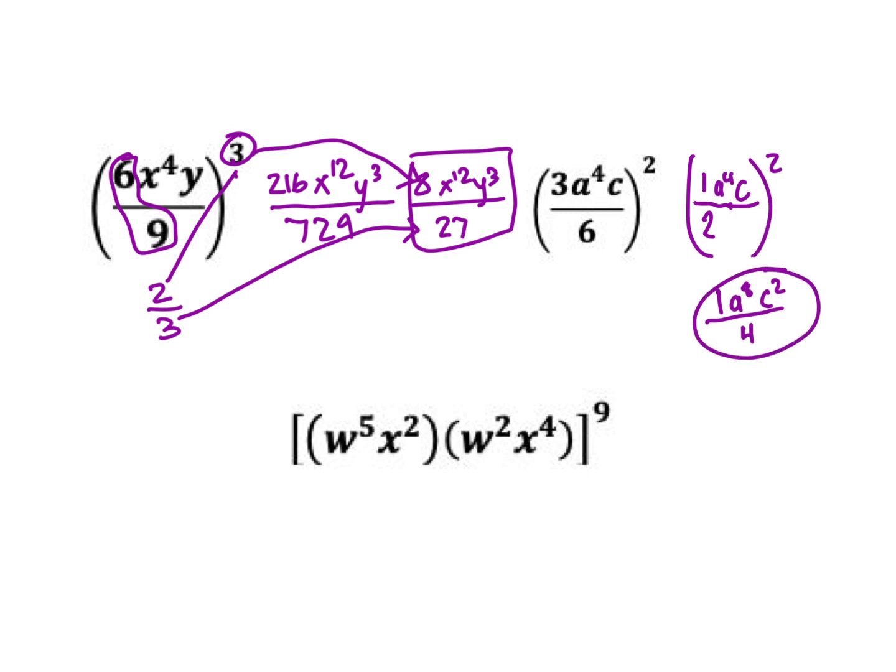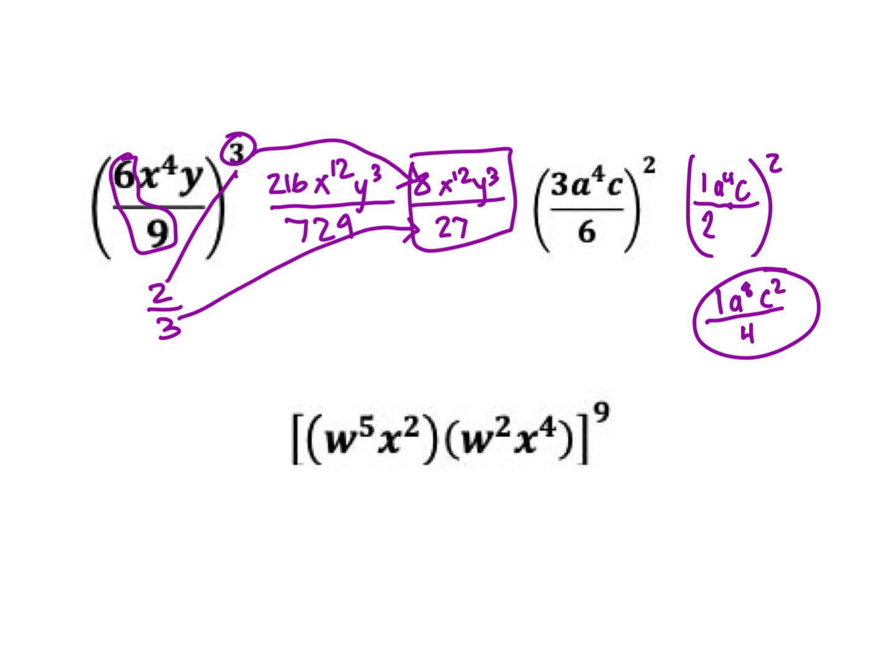Okay, and the last one, because I've got parentheses and I have brackets, these parentheses say do this first, and then this, and then the outer brackets. So the very last thing I should be doing here is the exponent of 9.